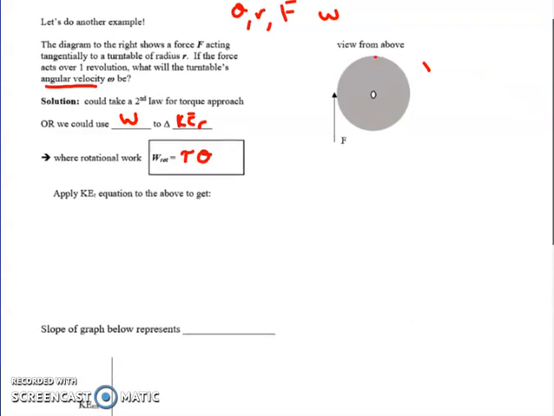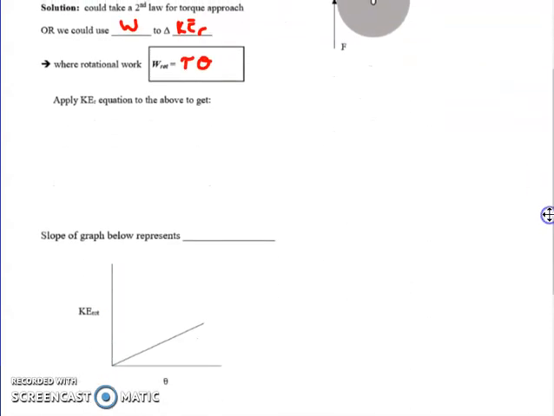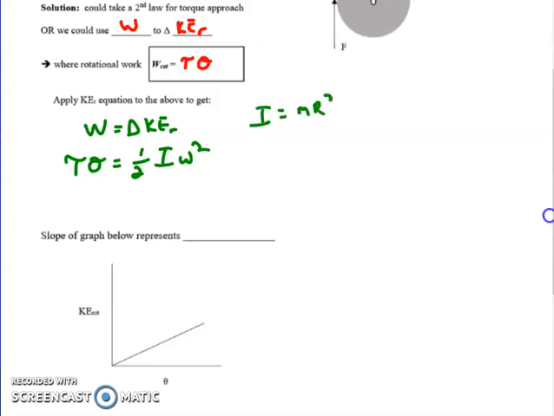Now we're going to apply our equation. Remember, we're looking for omega. So we can say that the work done goes towards a change in kinetic energy, in this case rotational. So that's tau times theta is going to equal a change, 1/2 I omega squared, since we're interested in that. Now, if we look up the I of a disk, that's mr squared, once again, I'm sorry, I take that back, mr squared over 2.